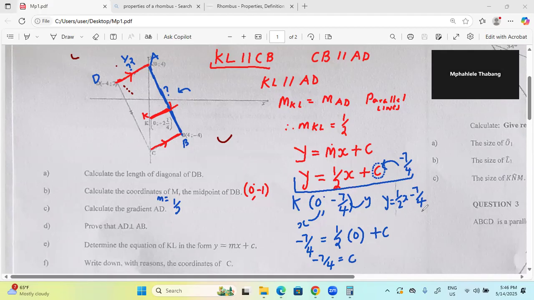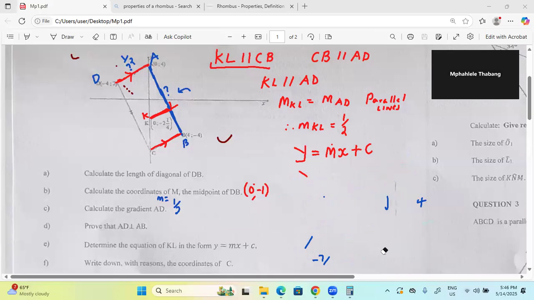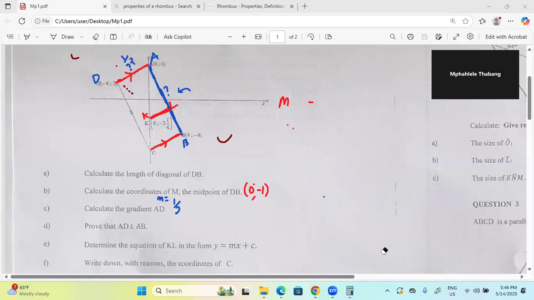Now they say write down with reasons the coordinates of C. Actually, they are saying write down, meaning we might not even need to calculate. They say you can find the coordinates of C so easily, you just have to write those coordinates down.